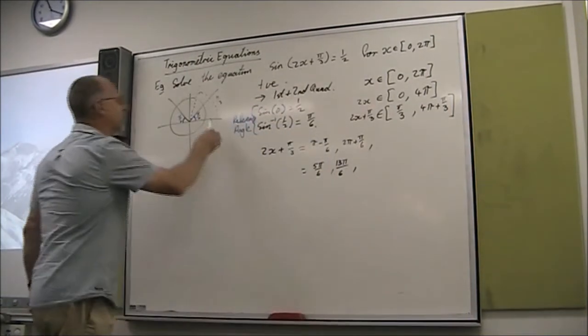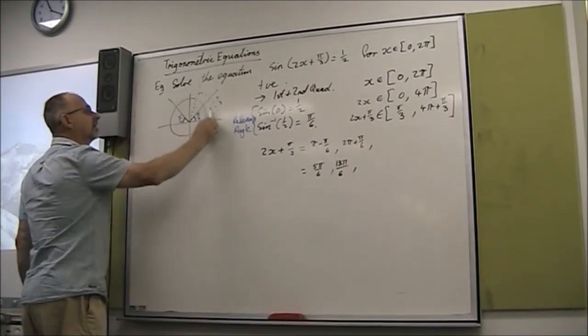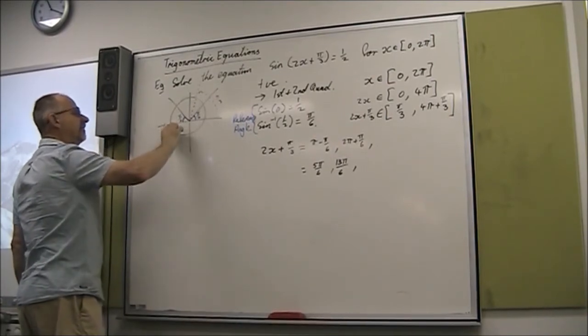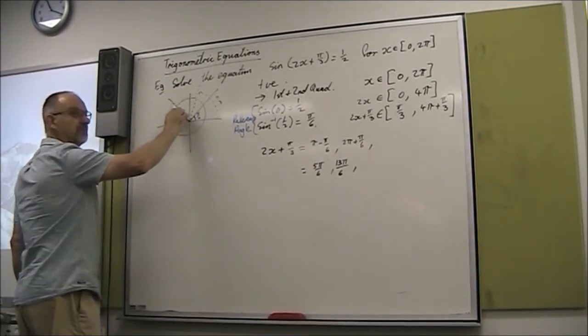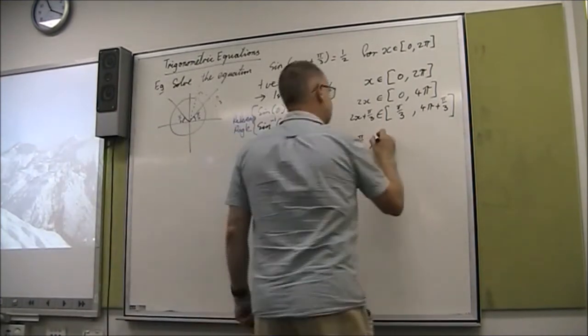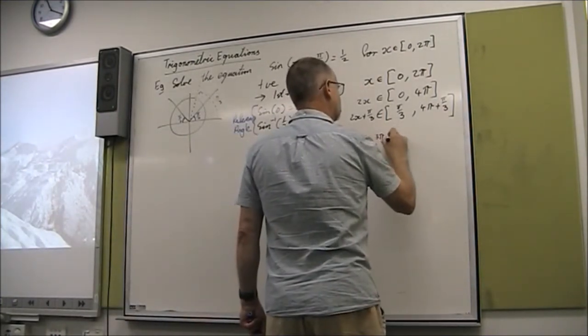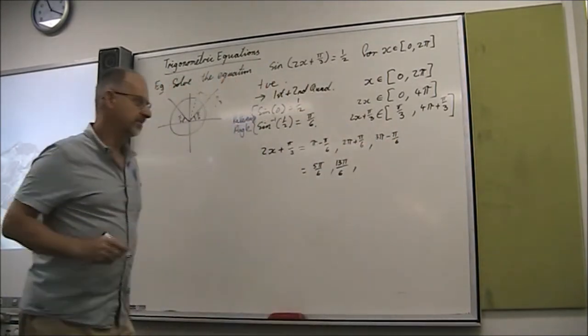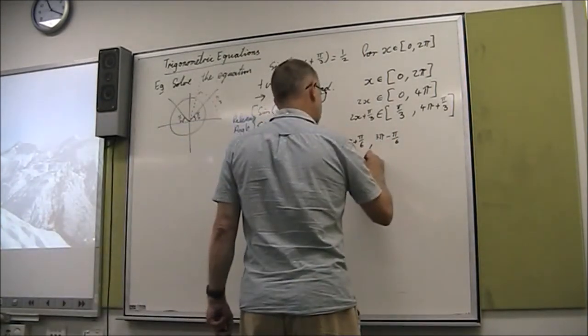Alright, what else can we do? We've been around to there. We can go around and keep coming around to here. Well, that'd be 3 pi if we got to there, minus the pi on 6, wouldn't it? 18 minus 1, 17.